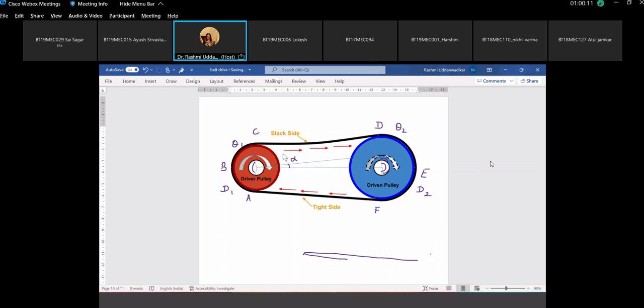So if this diameter is d1, from here to here, this diameter is also d1, the diameter of the smaller pulley. And the length of the belt is equal to length of the arc ABC plus the length of the belt CD plus the length of the arc DEF plus AF.